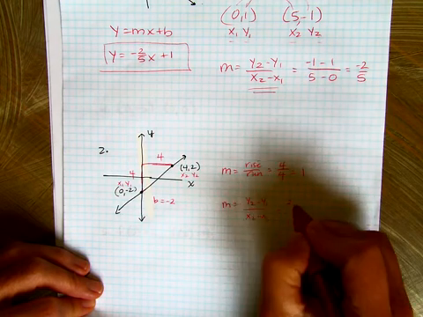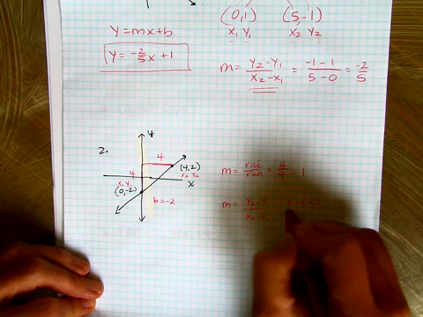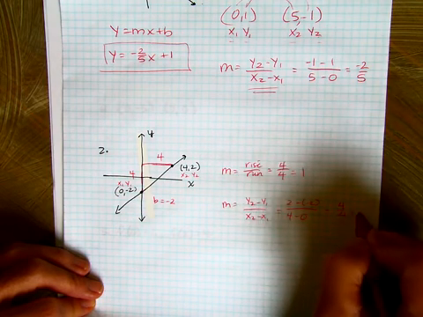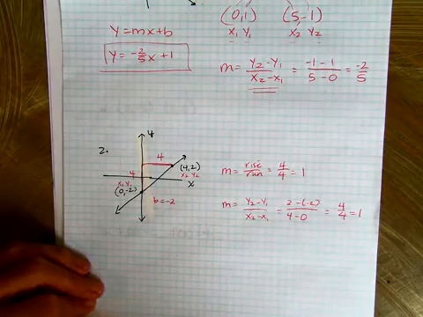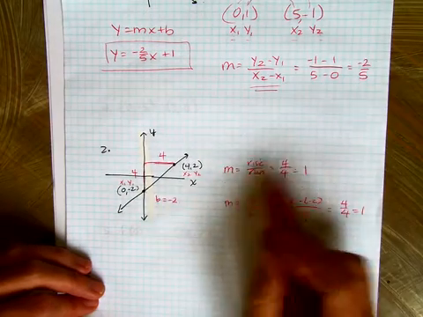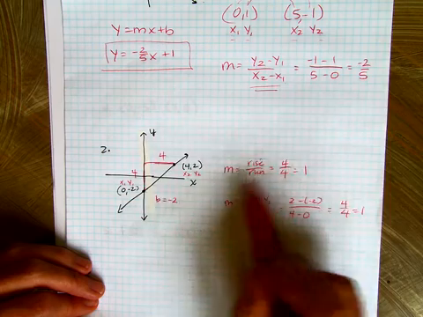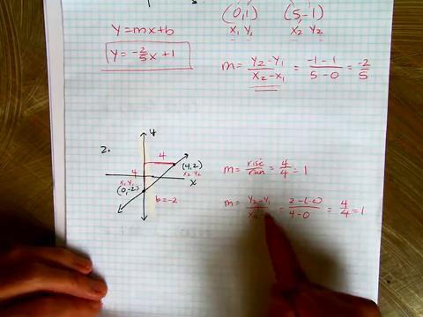So I'd have 2 minus -2 over 4 minus 0, and I would get 4 over 4, or 1. So either way, you'll have a case where eventually you'll have to use this method.